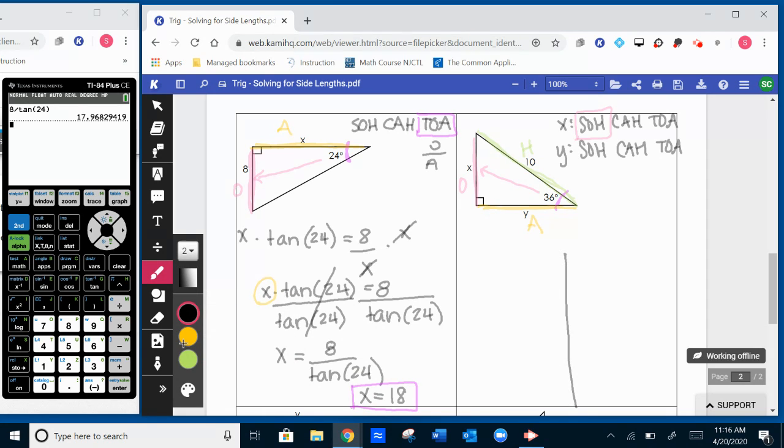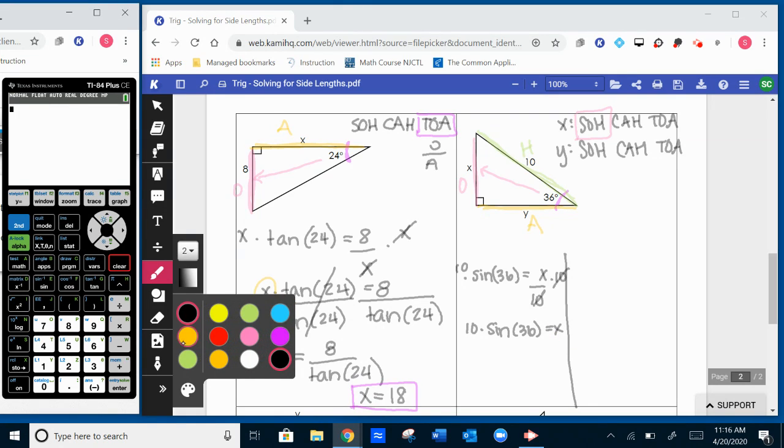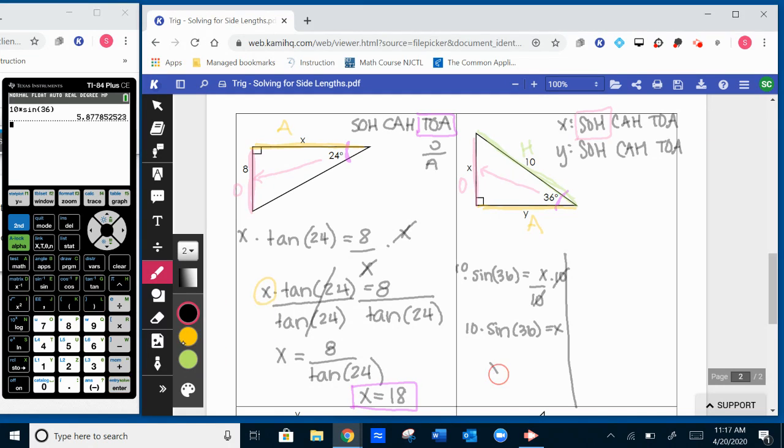So I'm going to say the sine of 36 equals x over 10, multiplied by 10. And then I have 10 times sine of 36 equals x. And you should get 5.9.